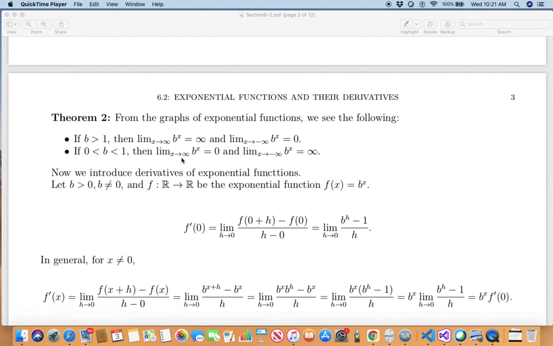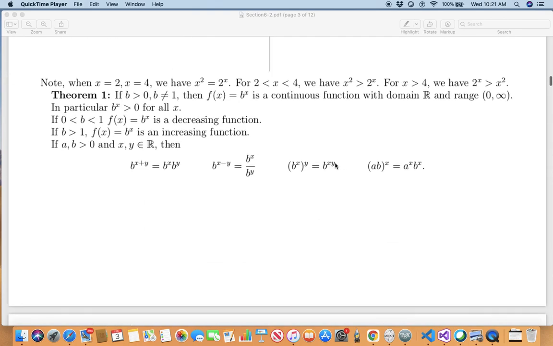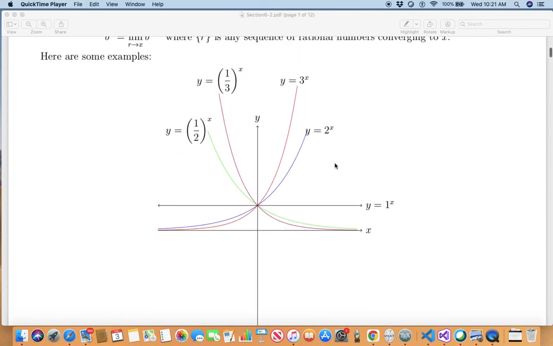So limit x approaching infinity of b power x is 0, and limit x approaching negative infinity b power x is infinity. So precisely, when your base is less than 1, well, of course, positive base, on the left, as x approaches negative infinity, your curve goes to positive infinity. When x approaches positive infinity, your curve approaches 0.